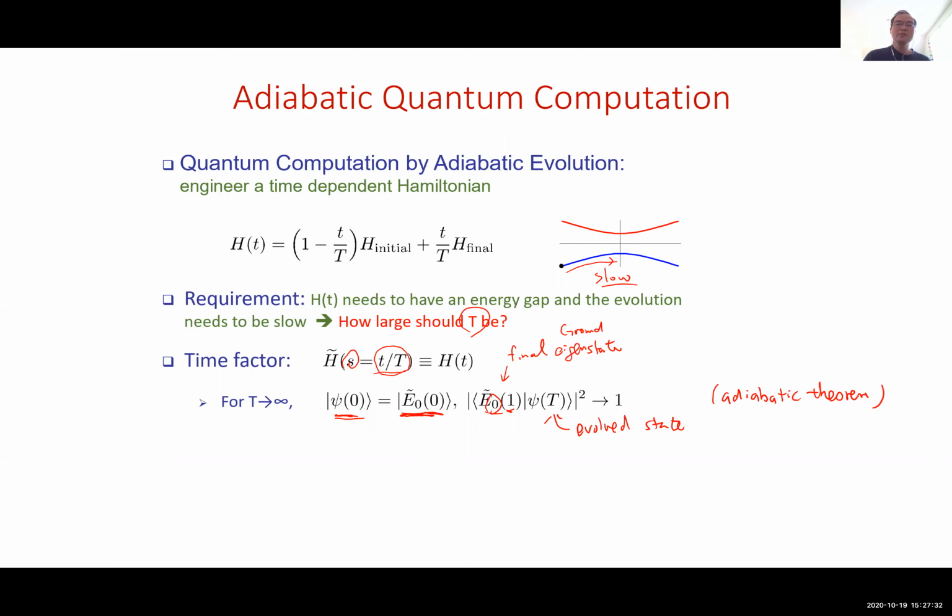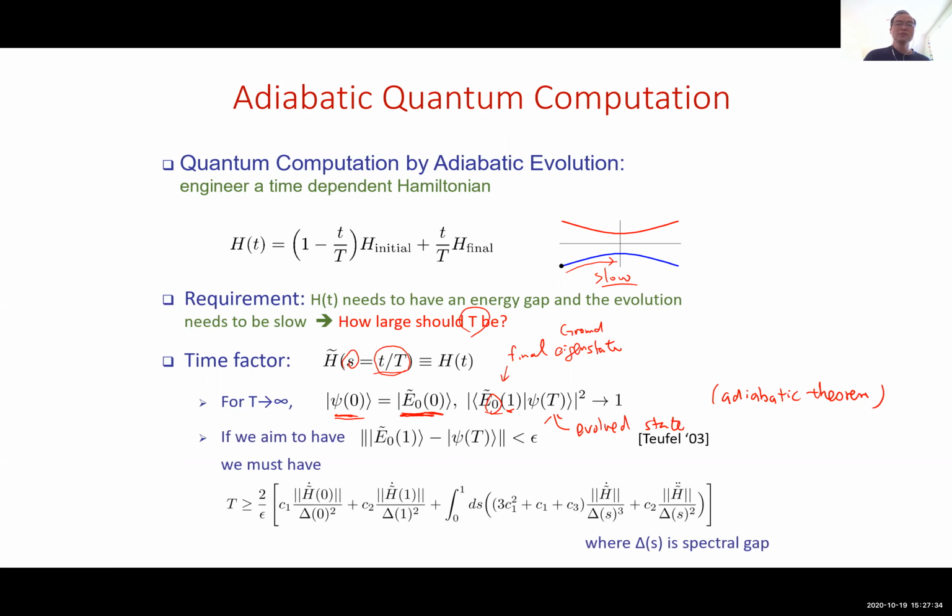But we can make it more quantitative, so that we have an estimate of the error. Suppose we want the difference of the two to be smaller than some threshold epsilon that we set, and we ask how large the time should be.